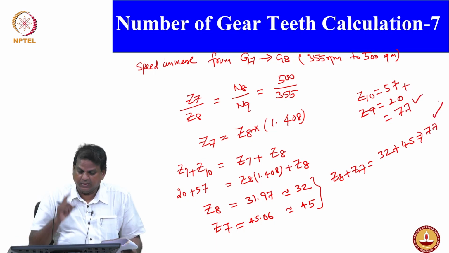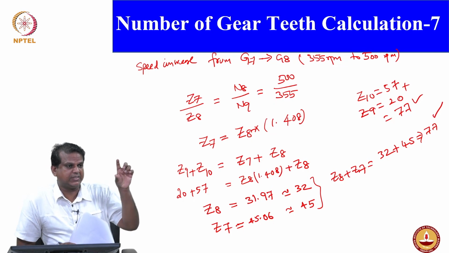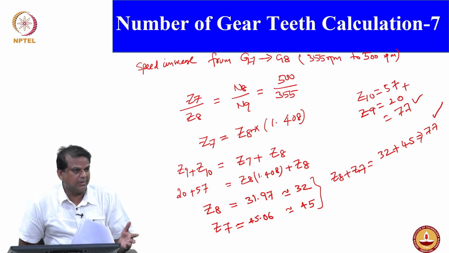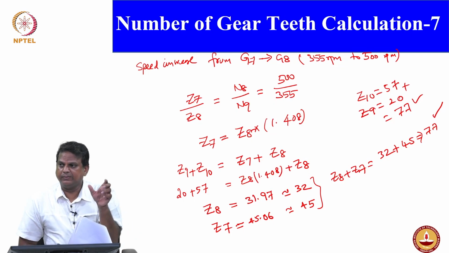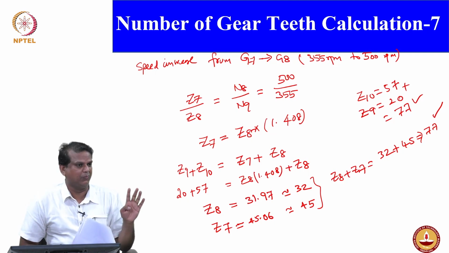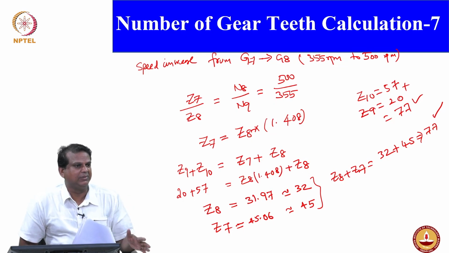Okay. And one more thing. In the beginning of this gearbox aspect, particularly machine tool gearbox, what we said, the minimum number of teeth difference between the two adjacent gears must be 4, so that the sliding can be taken without any trouble.